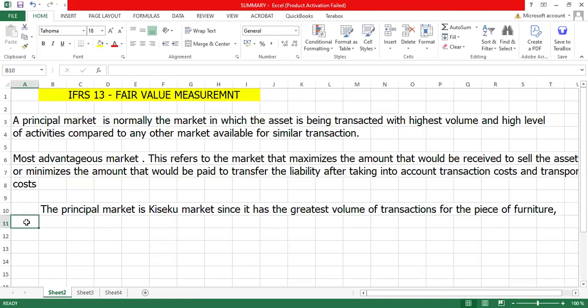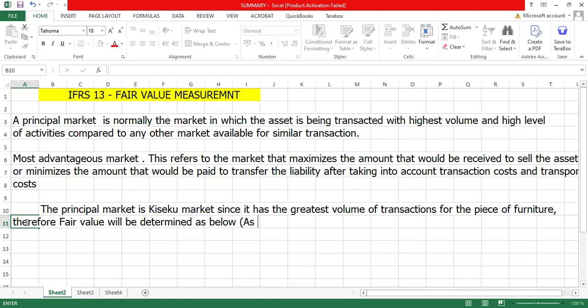And IFRS 13, that is fair value. Therefore, the fair value will be determined as below.